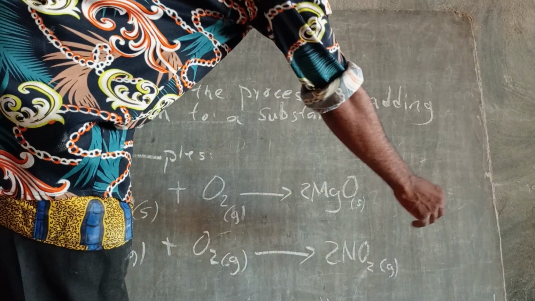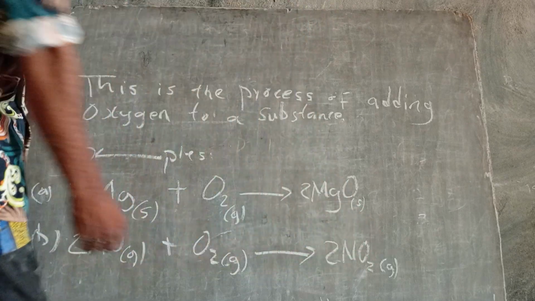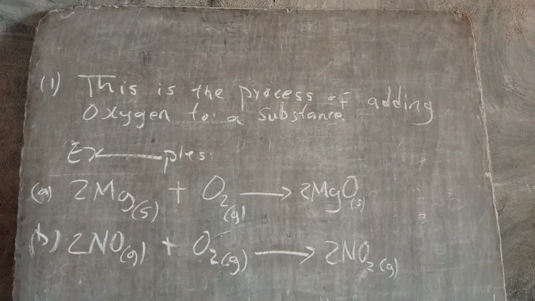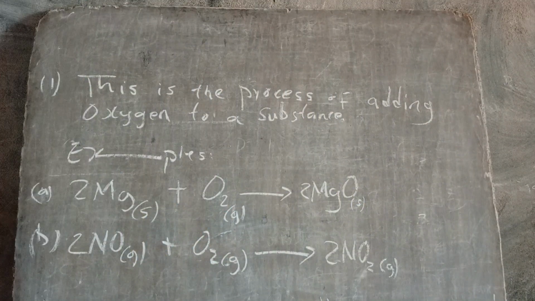At the right hand side, oxygen is 2 here, 2 times 2, 4. So oxygen 4 here, oxygen 4 here, therefore oxygen is balanced, and therefore the equation is balanced. And now, I hope it's clear. Yes. Now, we go to the second definition.